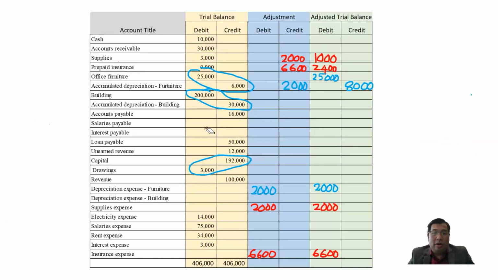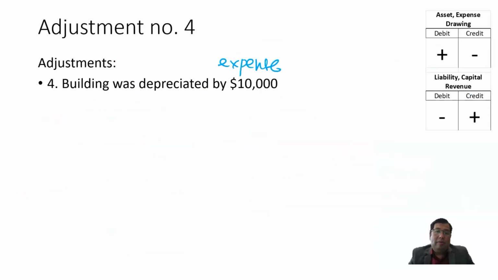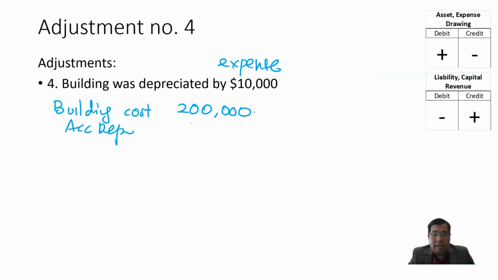If you look at your assets here, your building cost 200,000. The accumulated depreciation for this building is 30,000.